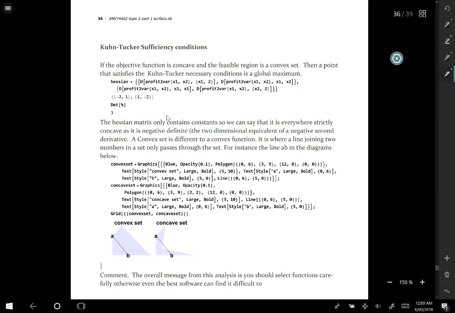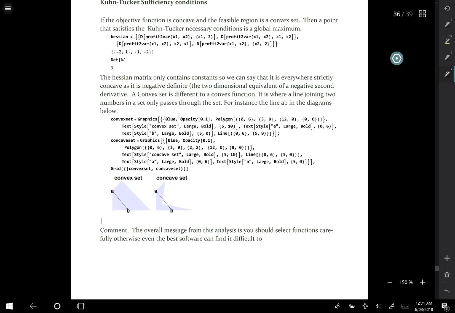Basically, Kuhn-Tucker conditions are really complicated, but if you follow some rules, then the necessary conditions, which is what we've just looked at, will also guarantee an optimal solution in the form of a maximization if two things are satisfied.